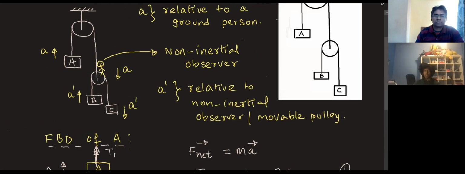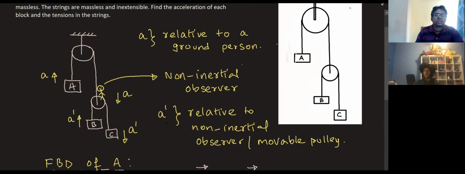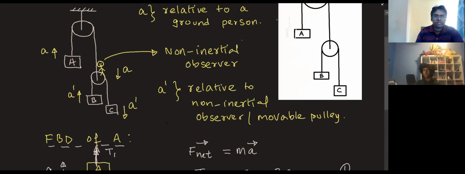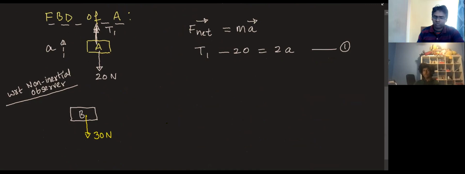What are the other forces? There's a tension force acting on B from the pulley that it is on. So that's totally a different tension. Let's call that T2, in the upward direction. Any other forces?